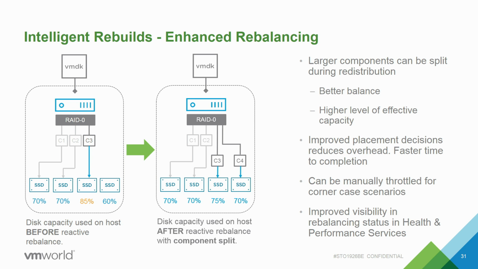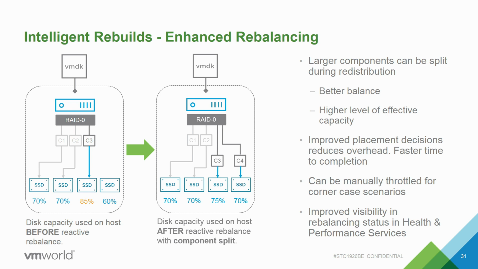We really want to reduce that chain reaction. vSAN is going to be smart enough to understand where it can place the components that still satisfy the policies that have been assigned to that actual object.